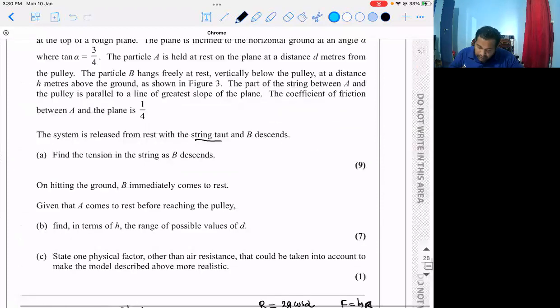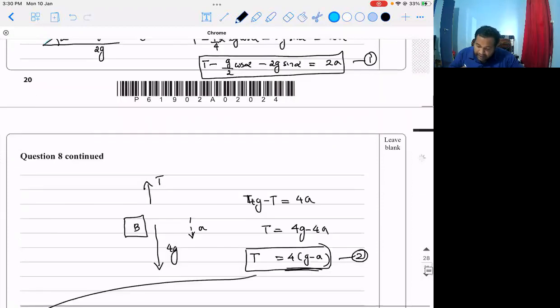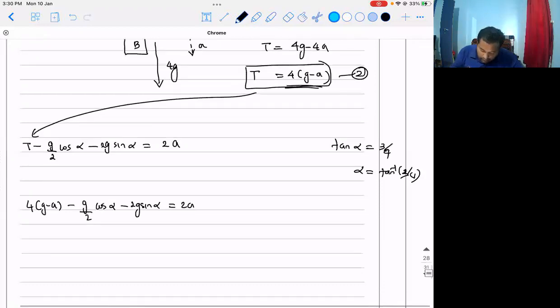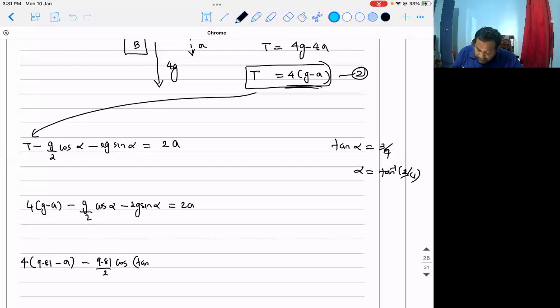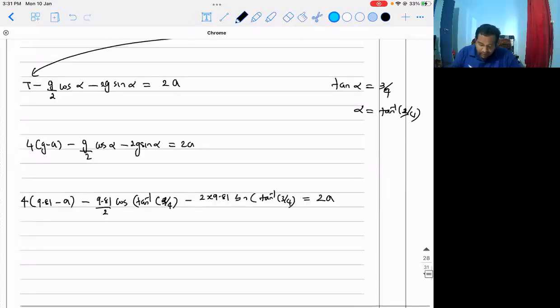So substitute it: 4 times 9.81 minus 4a minus 9.81 by 2 cos of tan inverse 3 upon 4 minus 2 times 9.81 sine tan inverse 3 upon 4 is equal to 2a. From this, you try to make a the subject.